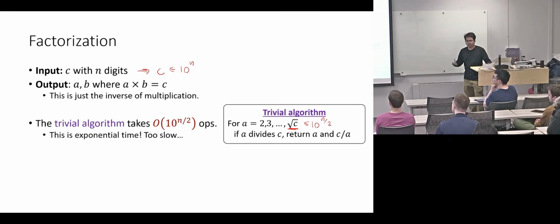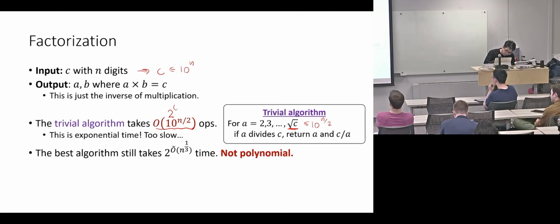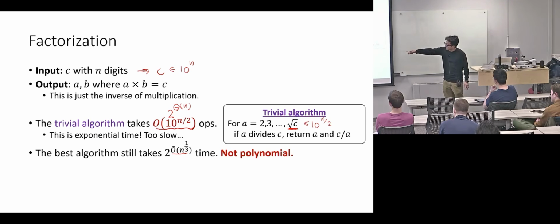It turns out that people have tried a lot, and there are faster algorithms, where the running time is some constant to the power of not order n, but order n to the 1/3. That is an impressive improvement, but still this running time is not polynomial. It's not really efficient yet.